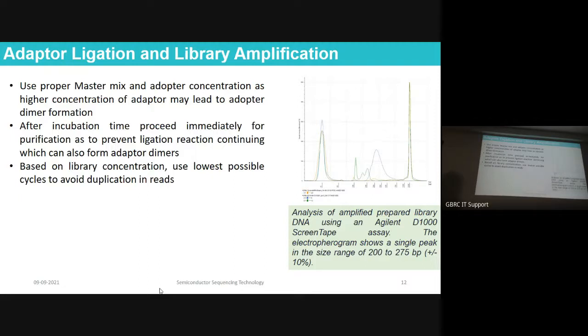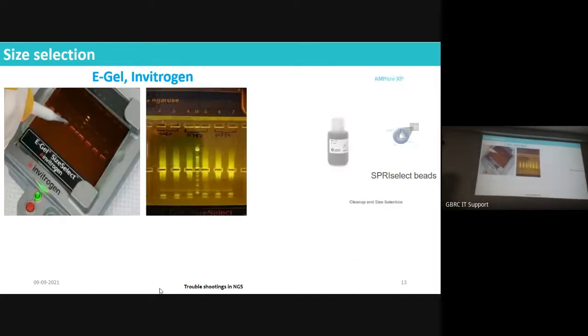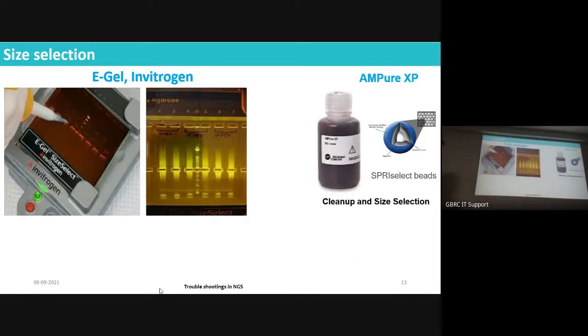And here, as you can see, this is your ideal library size, and these are the markers. So the size selection is again very important. In some cases, when you do enzymatic shearing or mechanical shearing, this is how your DNA will look.